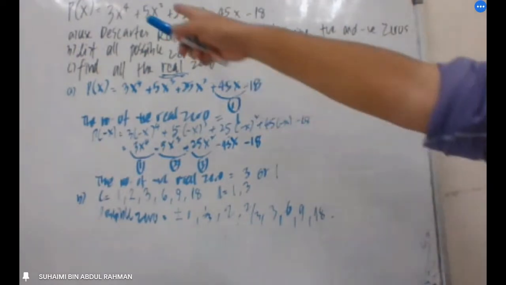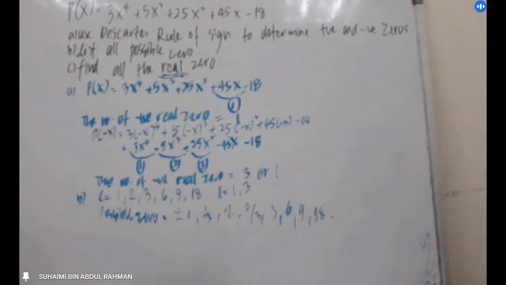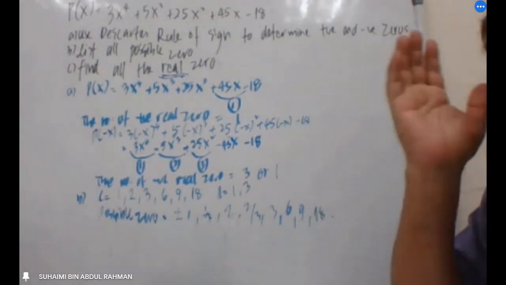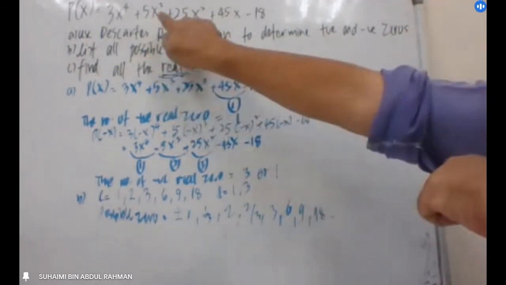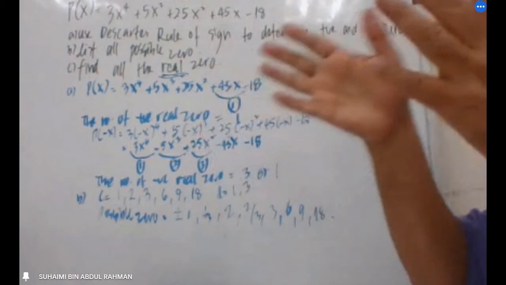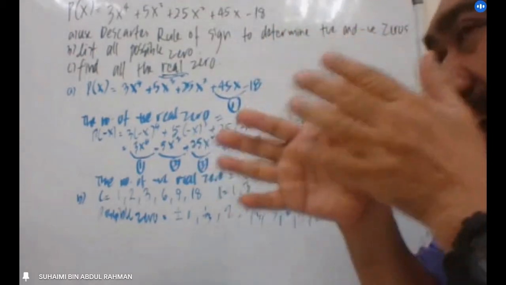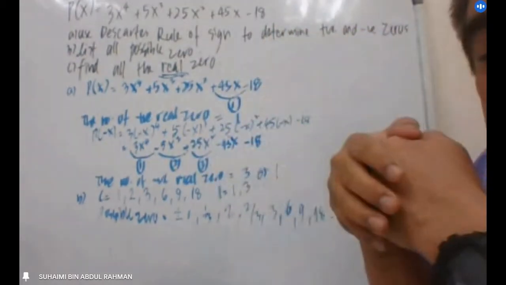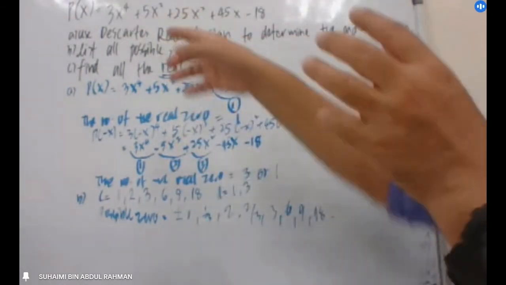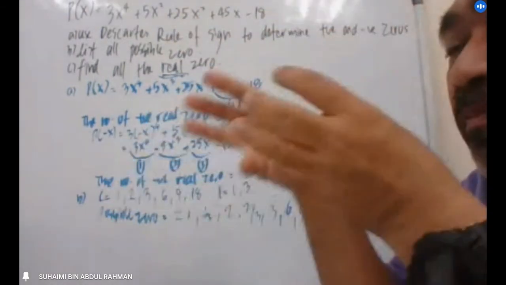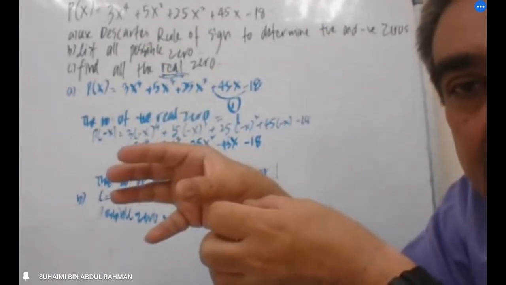Okay. This polynomial, to find all the real zeros, we have to go back to synthetic division because we want to factorize. As I said to you, remember the examples on Monday, where the polynomial was given in general form, I wrote it in factored form.